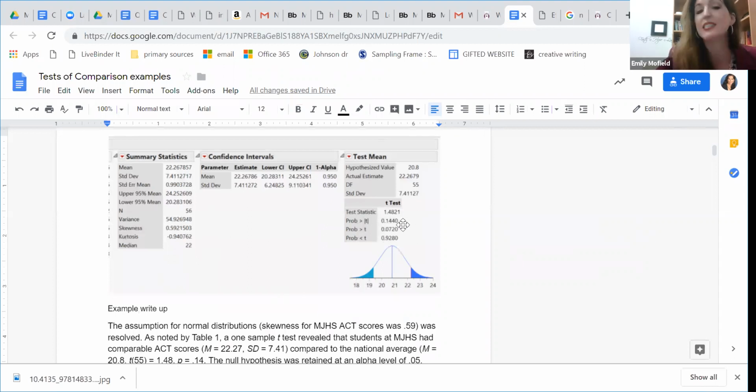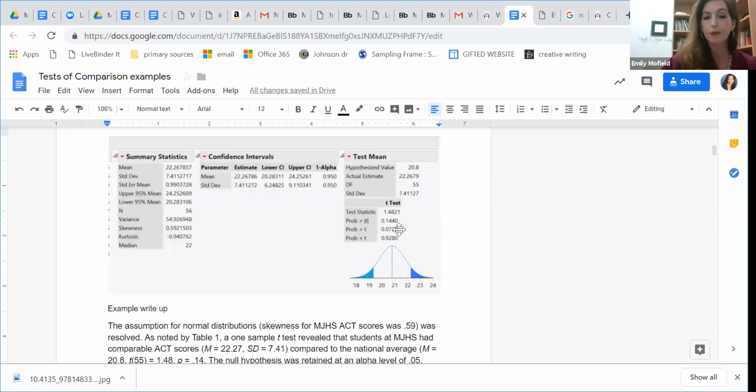I'm looking at this two-tailed test. I did not say what direction in my null hypothesis. I just said that there would be a difference in my null hypothesis. If I had said that Mount Juliet High School scores would be higher than the national average, I would have used an upper tail test.